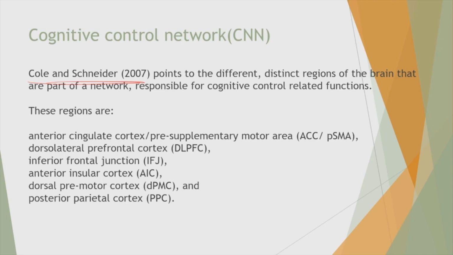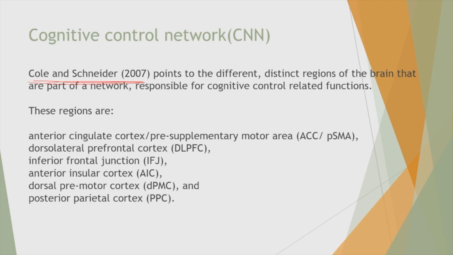So, there is a proposal by these researchers that they all form a network, and Cole and Schneider call it the cognitive control network. There are different regions, distinct parts of the brain, and together they form a network which is responsible for carrying out the executive function mechanism. All kinds of cognitive control related functions are carried out by this. Not all of them are active all the time, but this is the network.